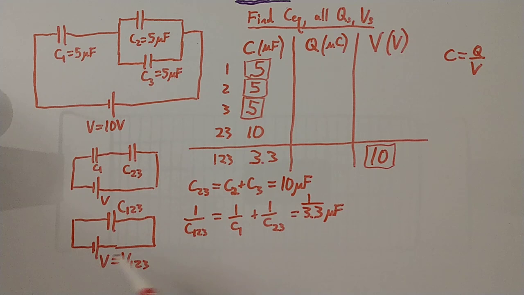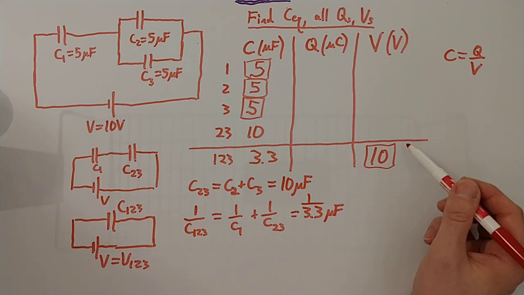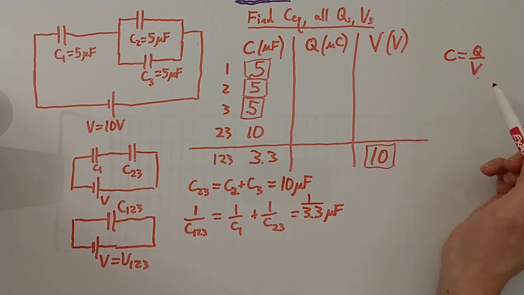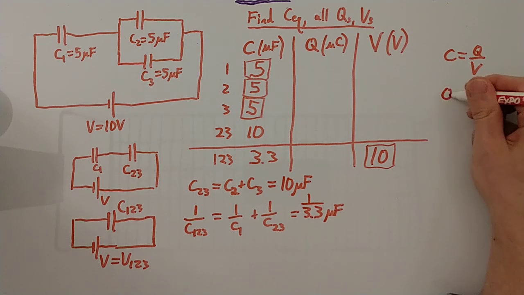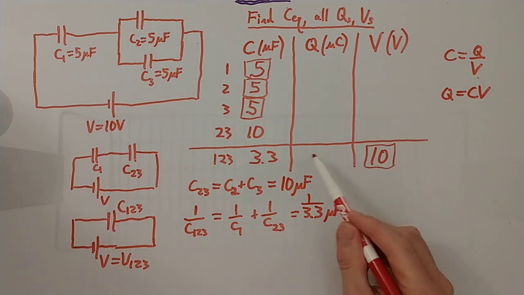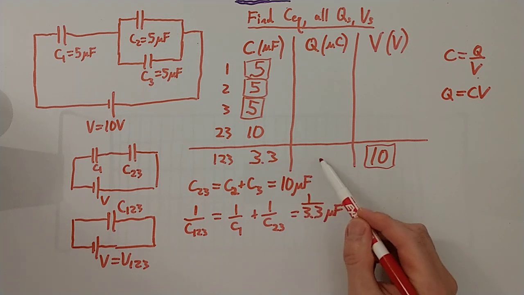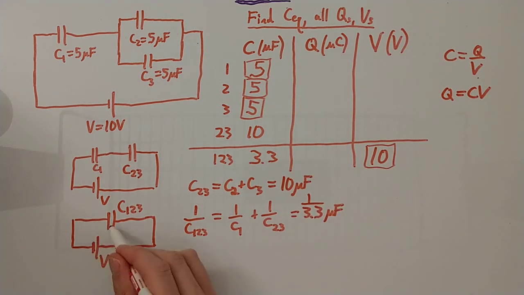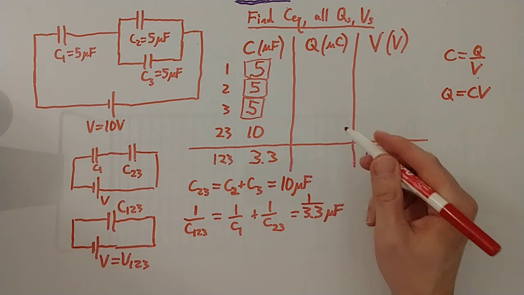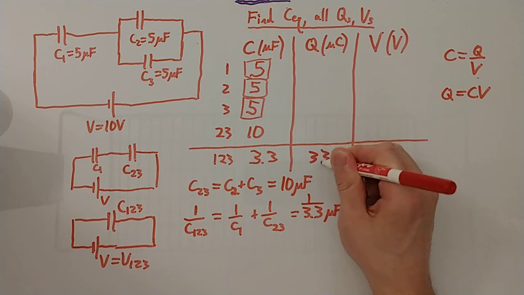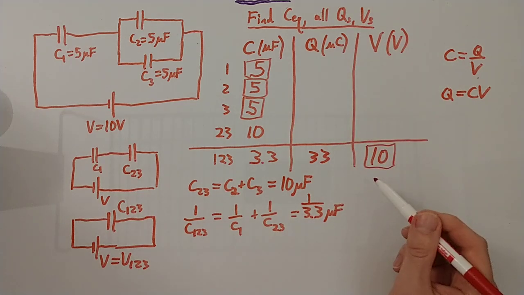The potential across the whole system is 10, and I know that C is Q over V, so I could rearrange this and get that Q is going to be C times V, right? So I could get Q123, the Q in the whole system, which is going to be 10 times 3.3. That's going to be 33 microcoulombs, right?